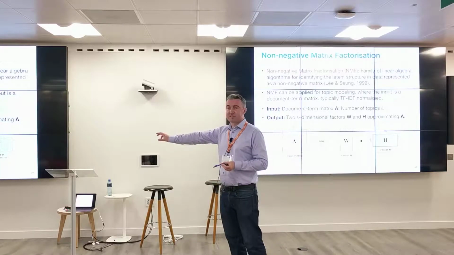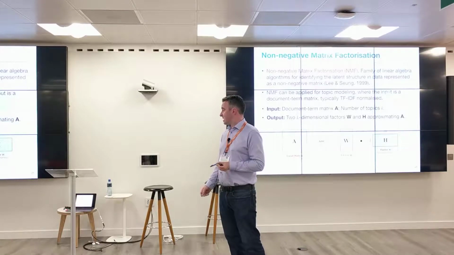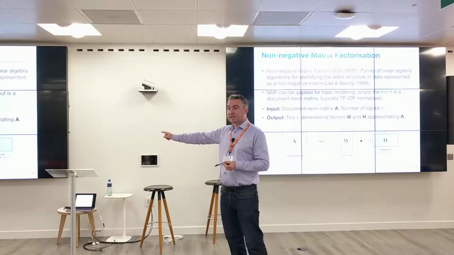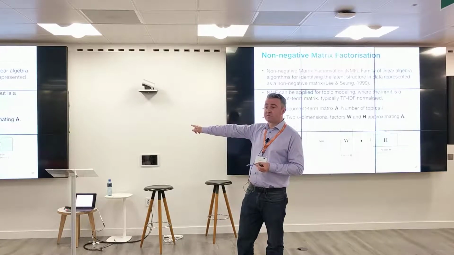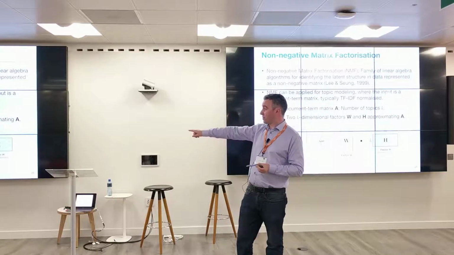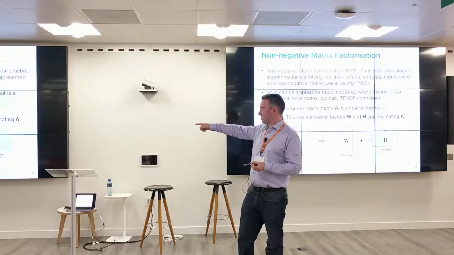This gives us a relationship between documents and topics, that's the W, and topics and terms, that's the H. Obviously the columns in W and the rows in H correspond. So topic 1 in W corresponds to topic 1 in H, and so on.